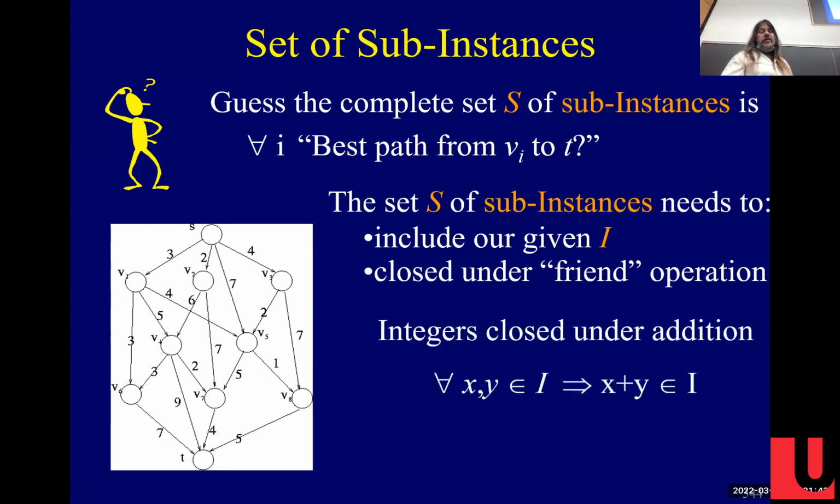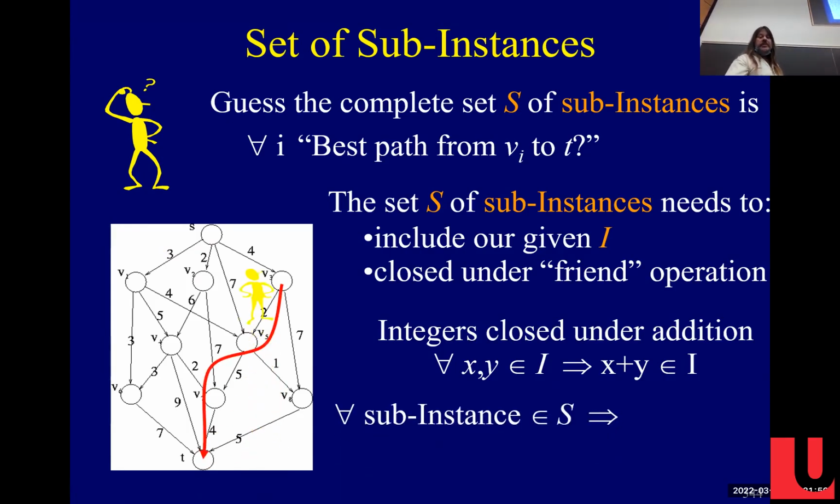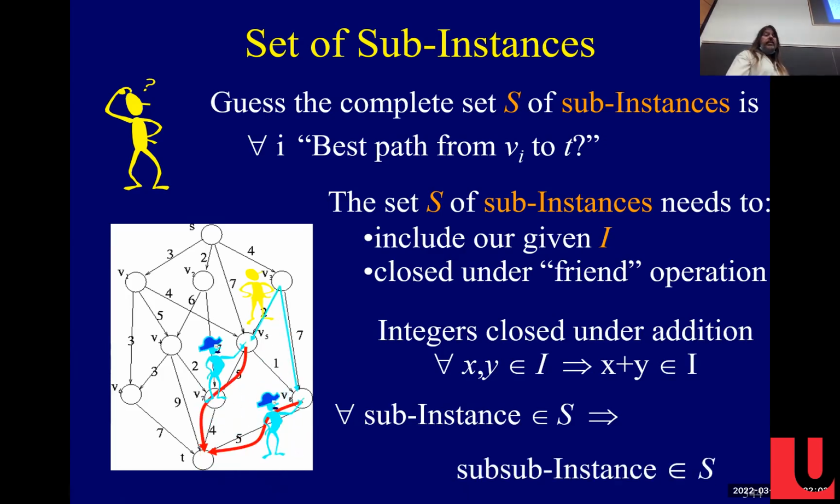What does that mean? That means closed under, if X and Y are both integers, then X plus Y is an integer. So we say integers are closed under addition. But here we're saying, if this is a sub-instance that some friend's going to need to solve, then all his friends need to be in the set as well. Does that make sense?